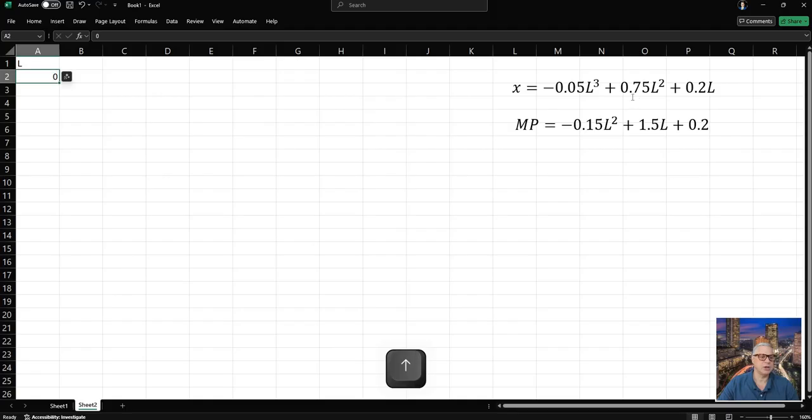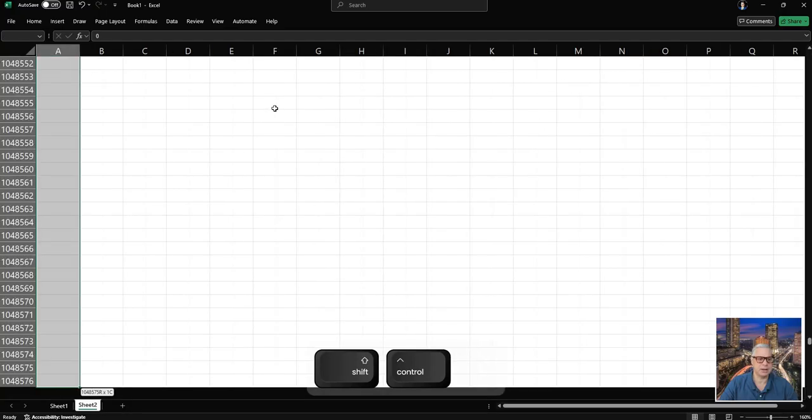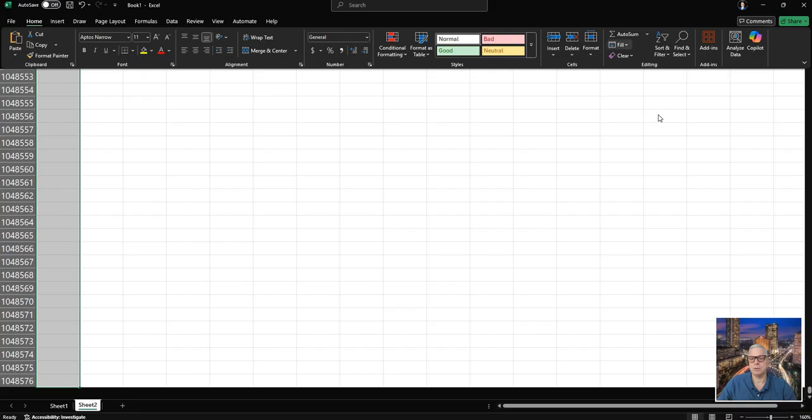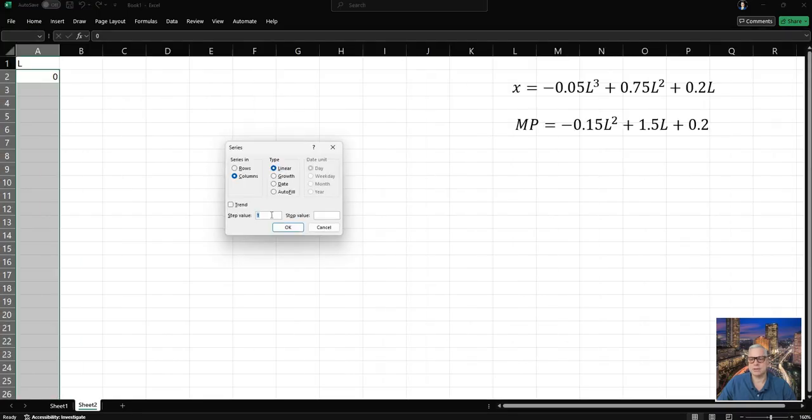So first I create again a series in that column from 0 to 10. I highlight the column, then I go to Home, Fill, Series, and it's the same as before, 0.1, and it ends at 10.